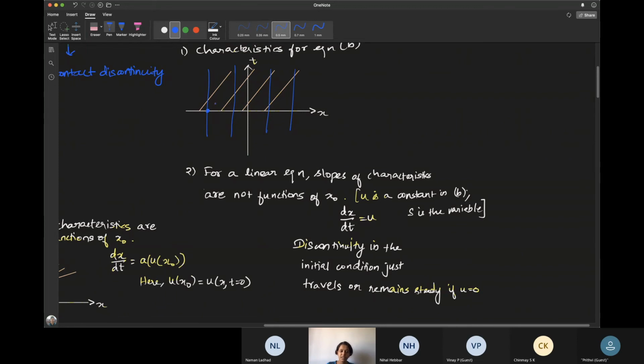The value of u remains the same, right? So the initial profile is going to remain the same over time. As you evolve over time, let's say you had some profile, and I'm drawing this with respect to another u-axis.